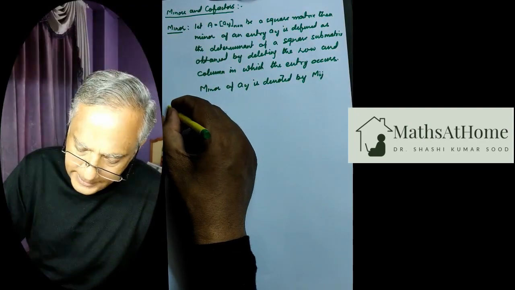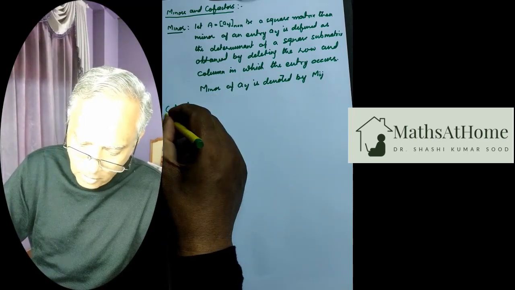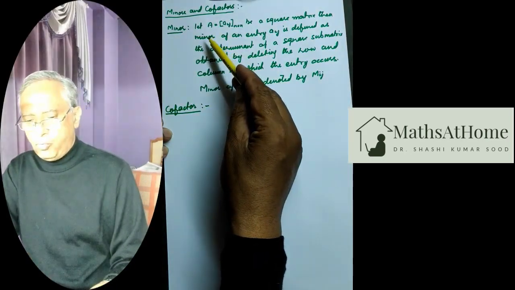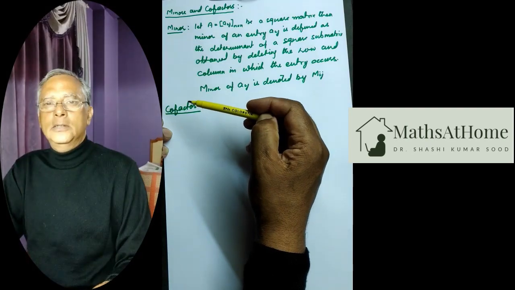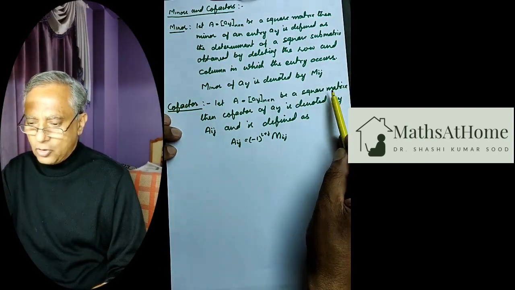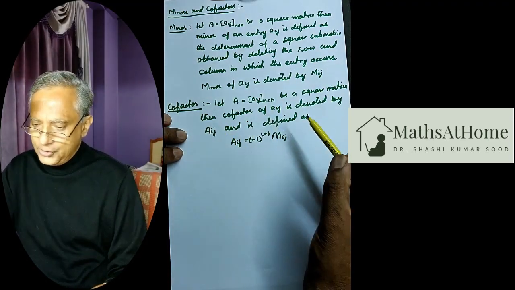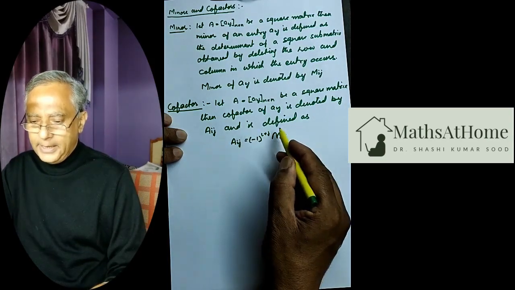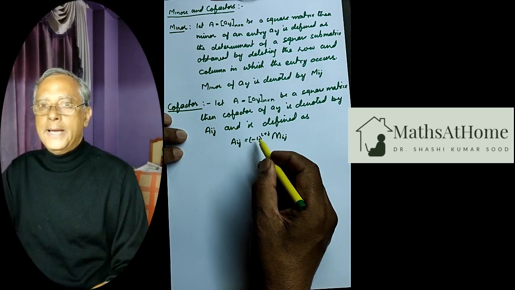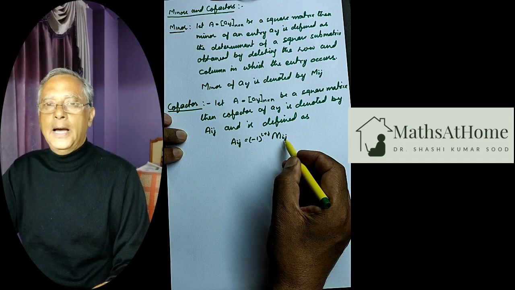Now I will define what we mean by cofactor of an entry. Then I will illustrate how to find the minors and cofactors. If A equal to Aij, n cross n, is a square matrix, then the cofactor of Aij is denoted by capital Aij and is defined as capital Aij equal to minus 1 to the power of i plus j into the minor of Aij.